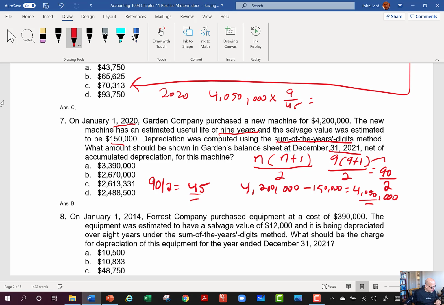My notes are horrible, so I'm just going to do it like this. 4,050,000 times 9 divided by 45 gives me 810,000 for that first year.